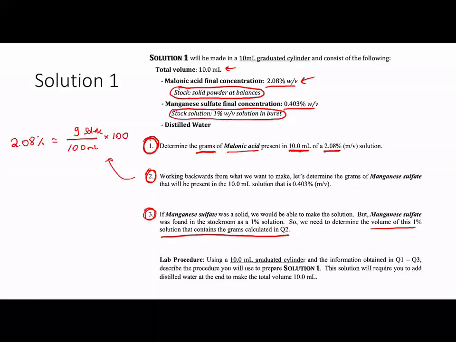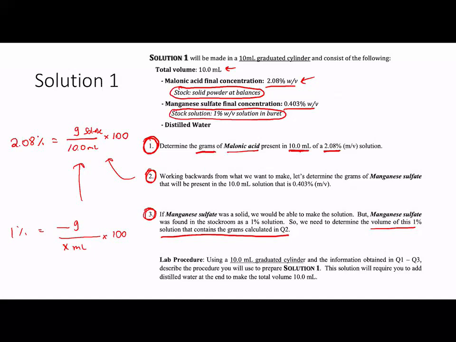So again, you would use this type of setup here, where you have 1%, you have the grams, which is what you calculate in number 2, and then you need to find the milliliters that you would need to dispense out.